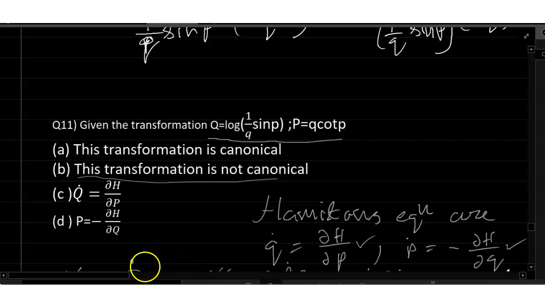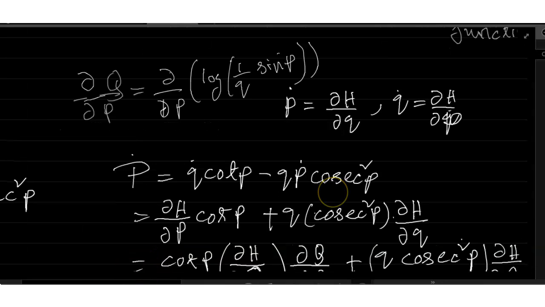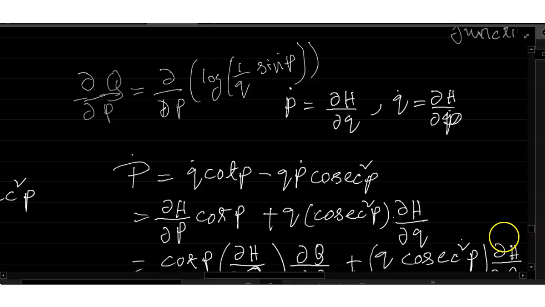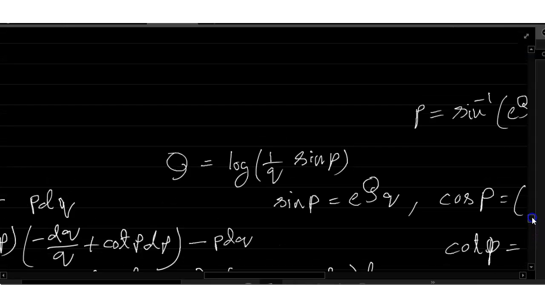Q is equal to log 1 by Q sin P. You know how I can get del Q by del P, this value I have already got from here.